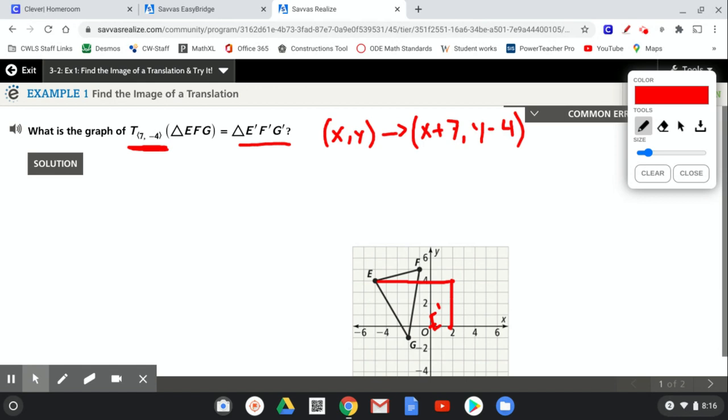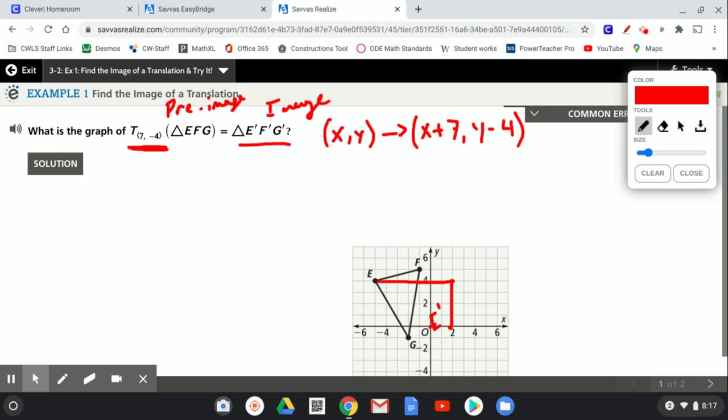Also remember that EFG is going to be the pre-image, and then E prime, F prime, G prime is going to be the image. Image is like when you look at a picture: you're not looking at the actual thing, you're just looking at an image of it.